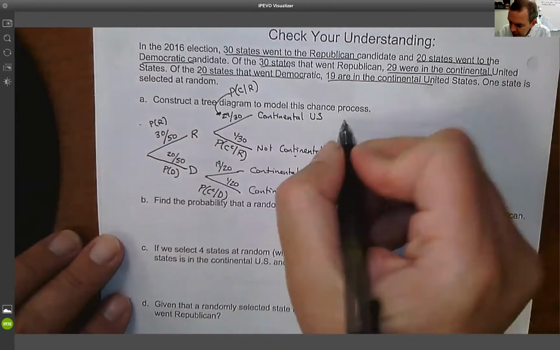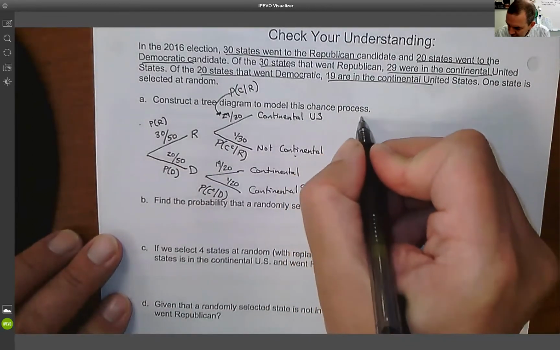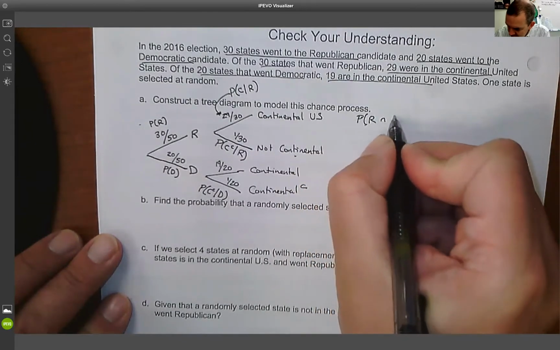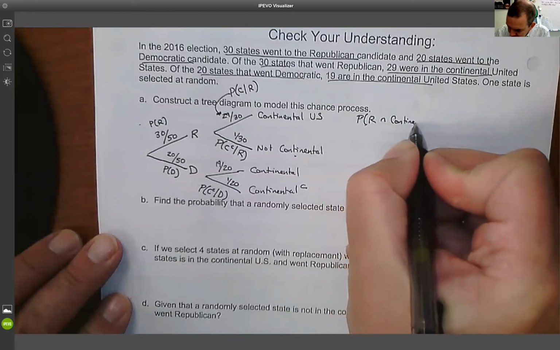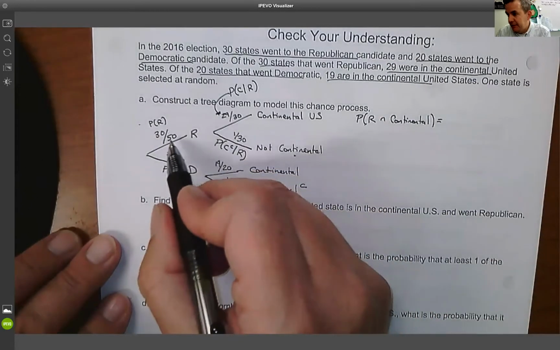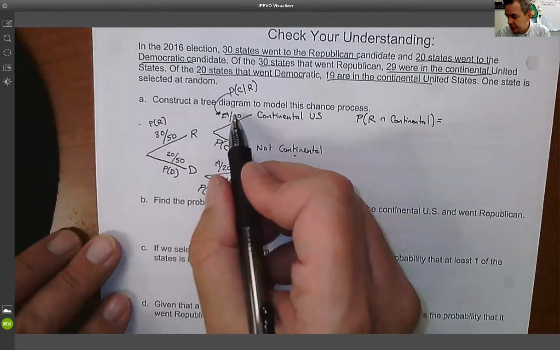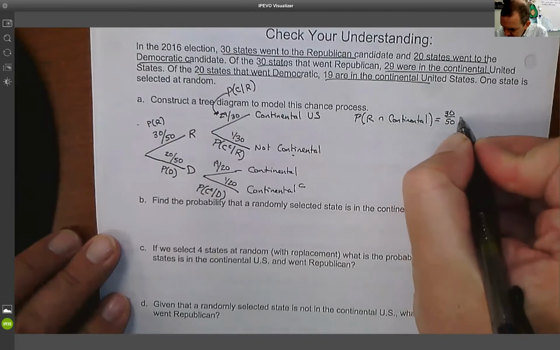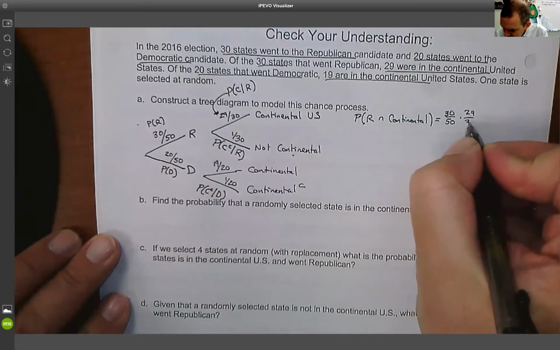Now, the number that would be out here is going to be the probability of being a Republican and continental. The way we would do that, using the rule of independence, is we'd multiply these two numbers next to each other. We'd say 30 out of 50 times 29 out of 30.